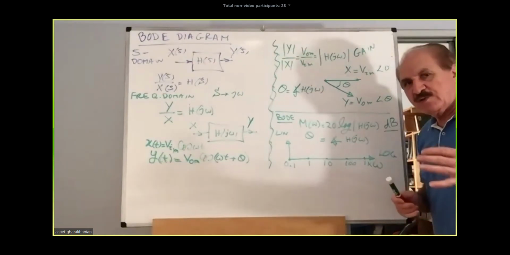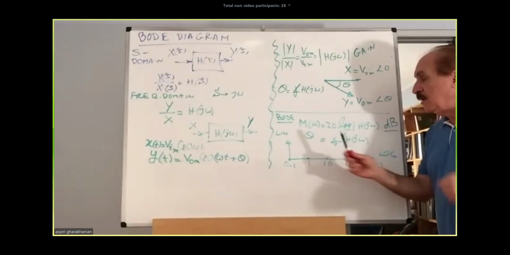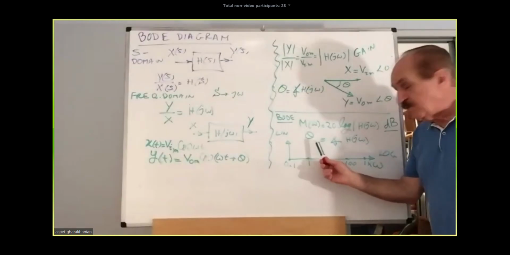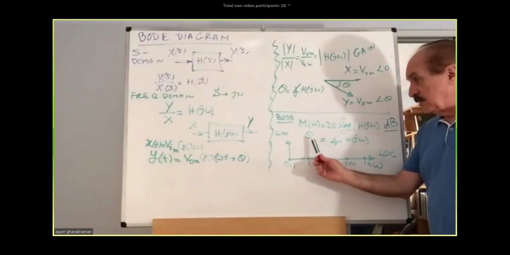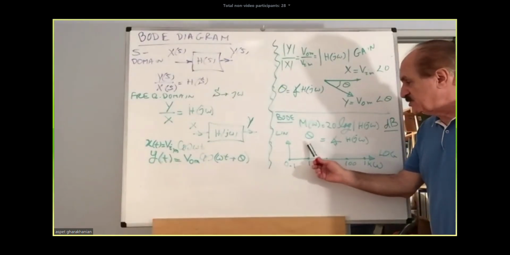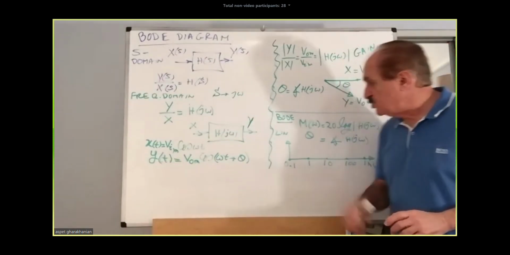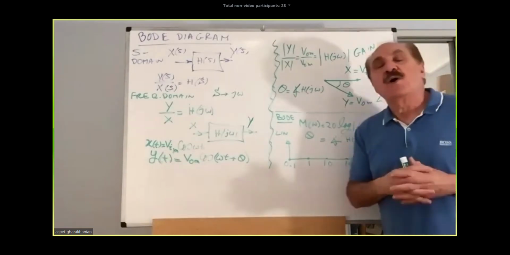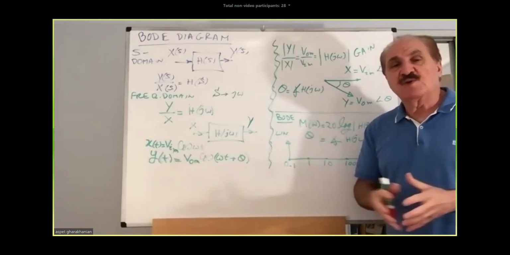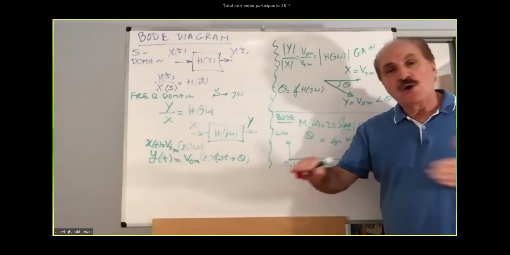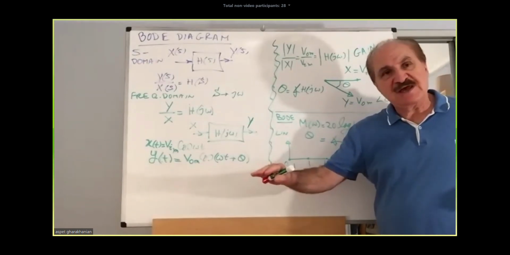There is a reason why we do that. I will explain in a minute. But for the angle, we will just use the angle in degrees as a function of omega. So these two functions will be plotted against omega, the frequency, as the horizontal axis.